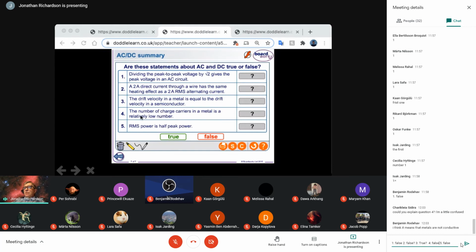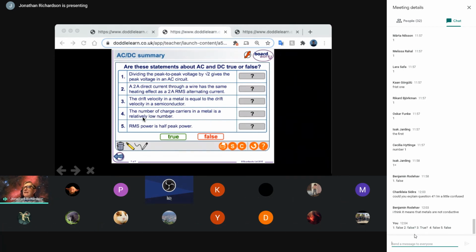Question 4. The number of charge carriers in a metal is a relatively low number. Are there charge carriers in a metal? Is that true? Is a metal like an insulator? If there were no charge carriers, it would be an insulator.